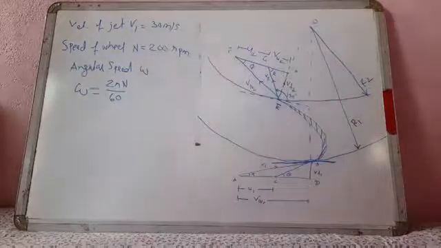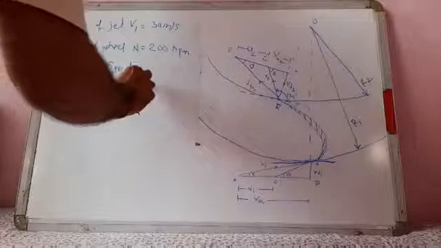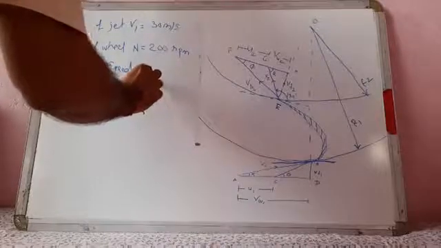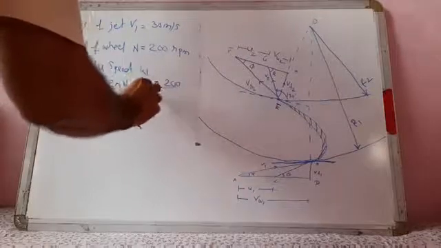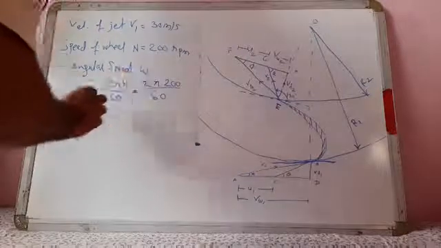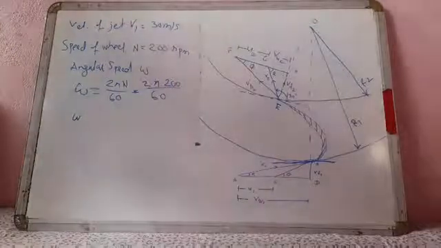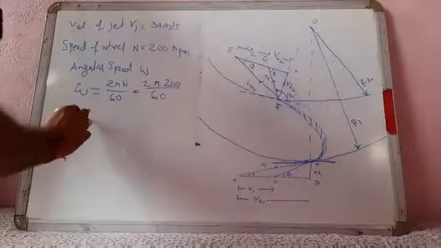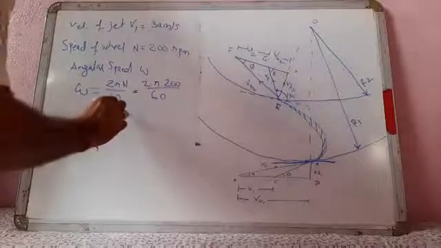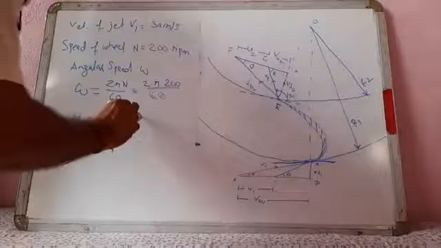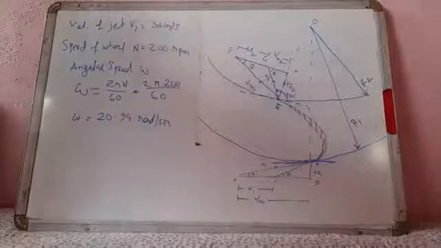By putting the value of N here, 2 into pi into 200 by 60, the value of omega comes to 20.94 radian per second.